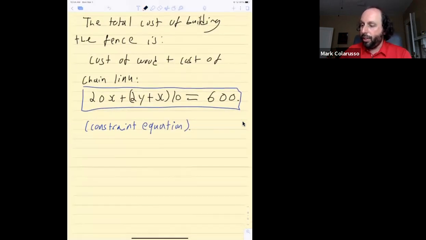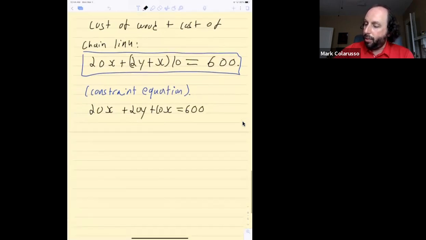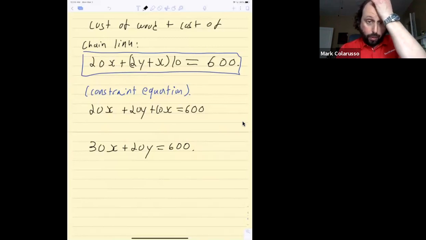Okay, so we should simplify this a bit. We have 20x plus 20y plus 10x equals 600. So in the end, we're getting 30x plus 20y equals 600. And now we can solve for x or y. It doesn't matter which, because they just want the maximum area.